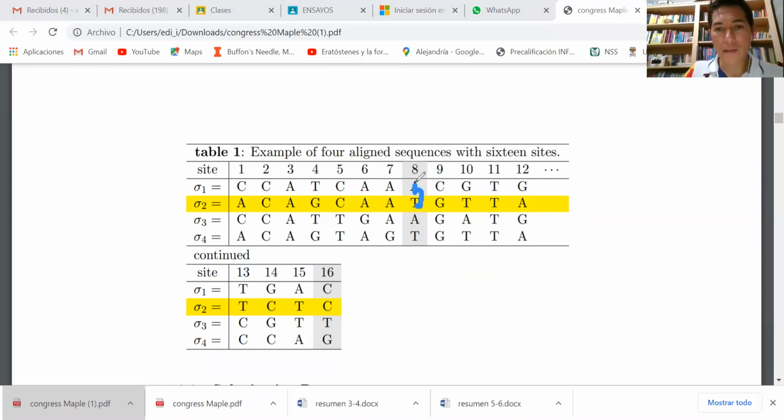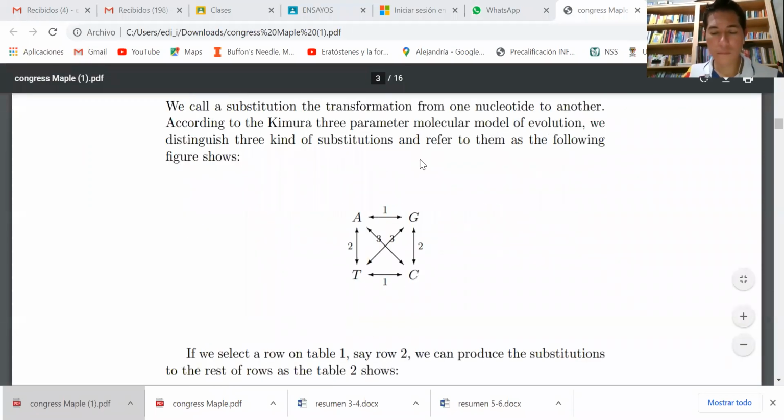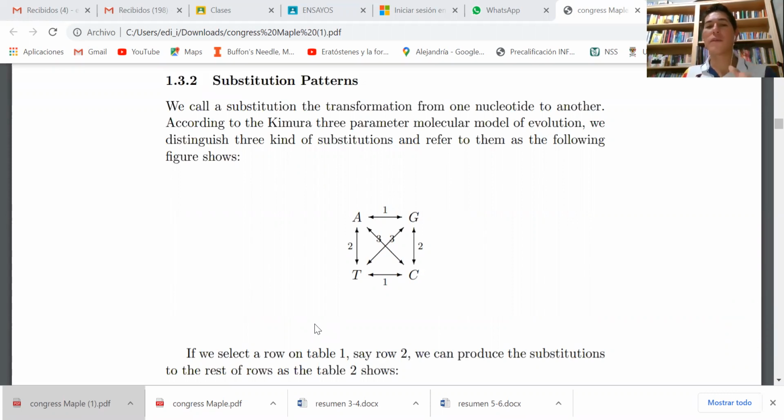From T to A, from T to A, and from T to T.